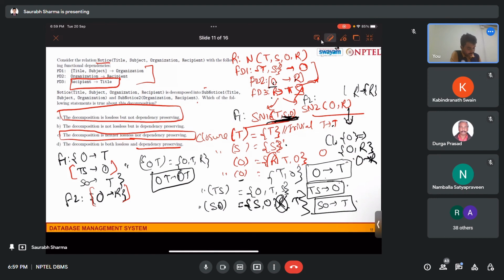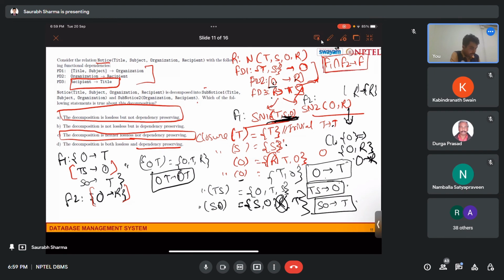Okay, so if we take f1 provides f2, if you solve it, you will get that it is able to derive this f.